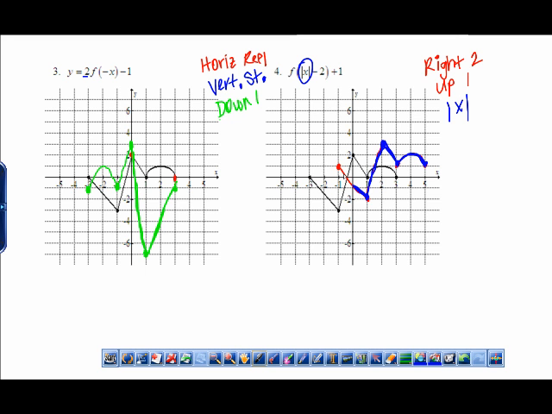They're not going to move anywhere. We're not going to do anything to them. We're going to completely erase them. And what happens over here is that all these points where x is negative are going to copycat the points where x is positive. So it's going to look very symmetrical. And just make sure that whatever you graph is a function. You can catch a lot of mistakes by just doing a simple vertical line test at the end of your graph.